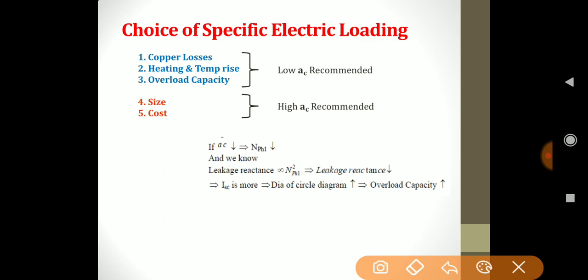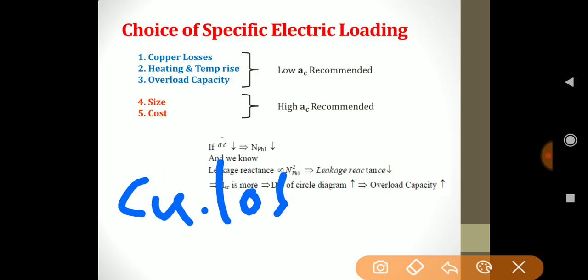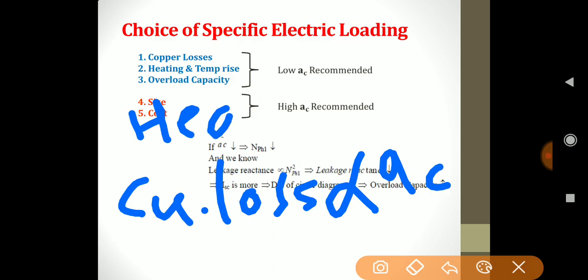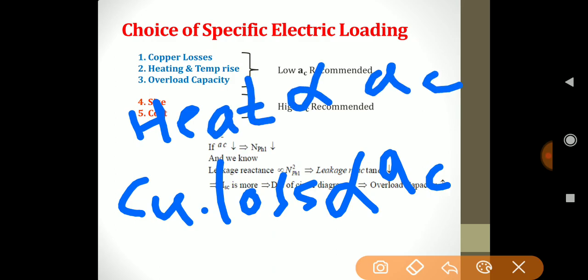So see friends, I have told you 3 relations. First is related with the copper losses. For less copper loss you should have less value of AC, so I can say Cu loss is proportional to AC. Other is heating and temperature. For low heat and low temperature, you should have AC as low as possible, so heat is also proportional to AC.